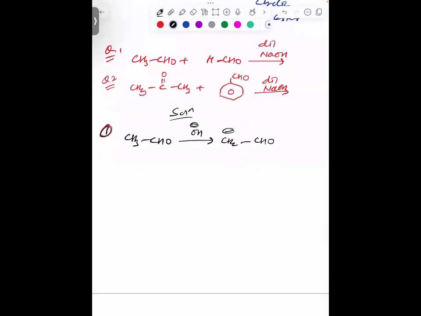This carbanion can now act as the nucleophile, and it will attack the other carbonyl carbon, that is none other than the formaldehyde.